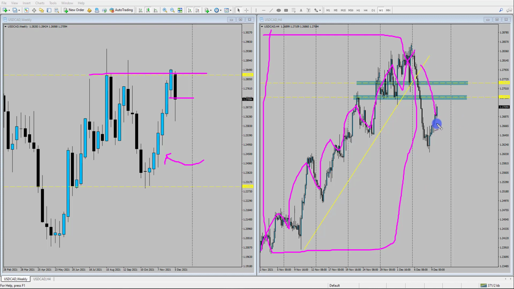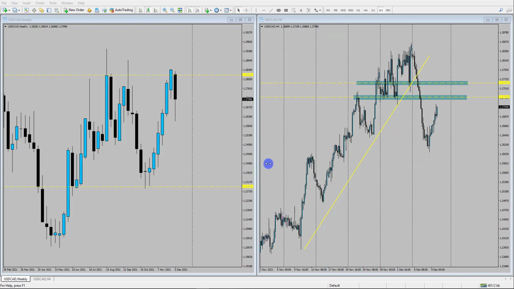However, price has now broken through that bullish trend, and we've now formed a lower low pattern. When price does this, with the market environment in the way it is at the minute, it shows us that there is a potential for dollar CAD to now reverse and push to the downside.